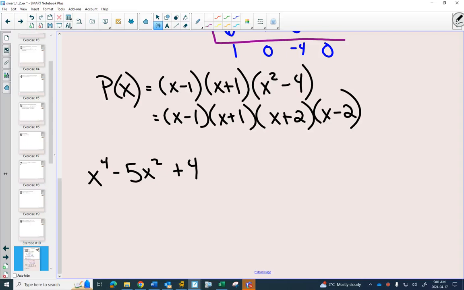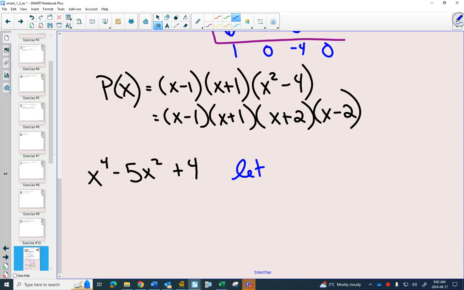And the shortcut happens when your x to the 4 really looks like a regular quadratic. Can you see that? I'm going to show you the tiny little trick you can do in between. Choose a letter other than x. Any choices?